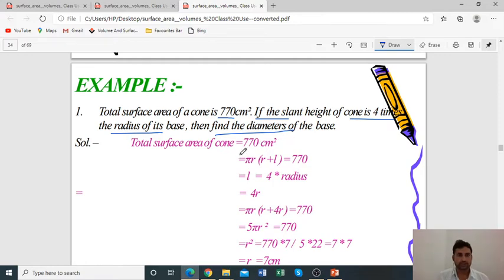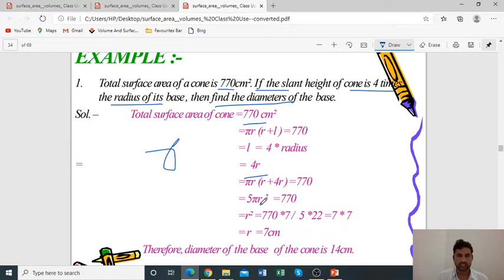Already given total surface area of cone is 770 square centimeters and total surface area formula is pi r (L plus r). And already given slant height is 4 times the radius. So radius is r, so slant height is 4r. So put the values: pi r (4r plus r) equal to 770 square centimeter.